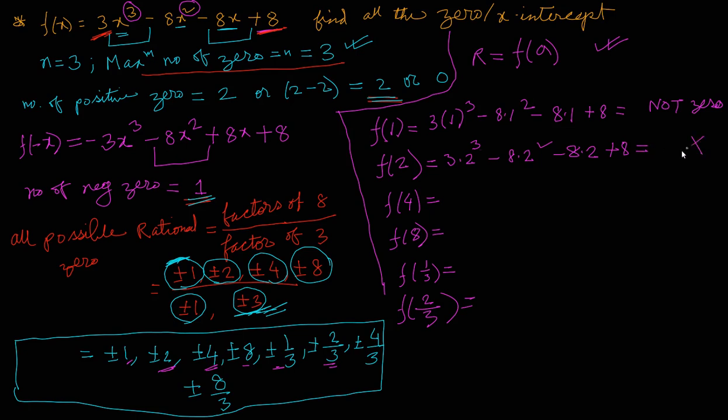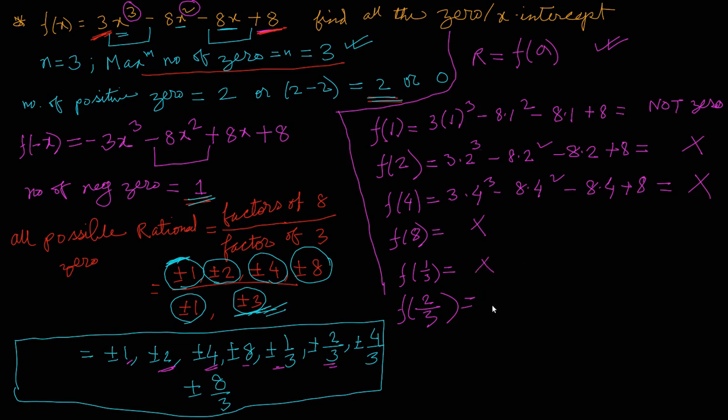This is also not 0. f(4) is 3(4) cubed minus 8(4) squared minus 8 multiplied by 4 plus 8. If you punch the calculator, you are going to find this is also not 0. And you are going to find f(8) is also not 0, and f(1/3) is not 0.